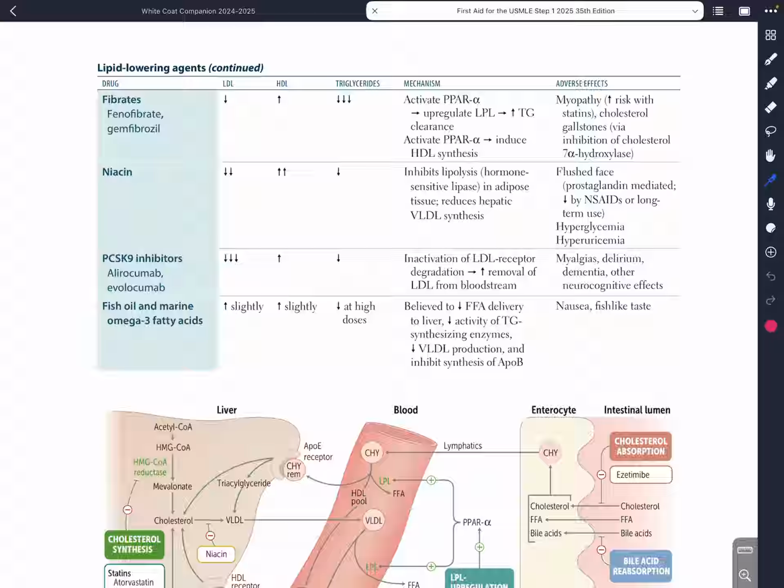The mechanism of action is inactivation of LDL receptor degradation, which increases removal of LDL from the bloodstream. Adverse effects are myalgias, delirium, dementia, and other neurocognitive effects.